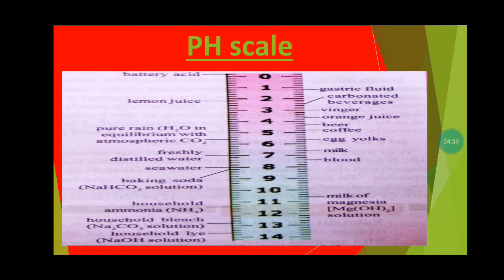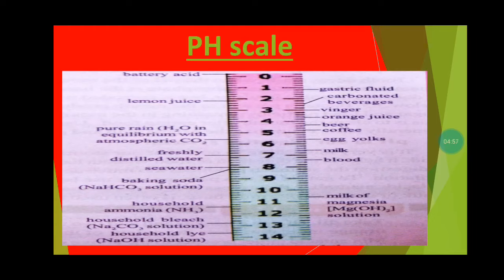Similarly, tomato has a pH value of 4. Black coffee has a pH value of 5. Similarly, urine has a pH value of 6. All these substances are acidic in nature.